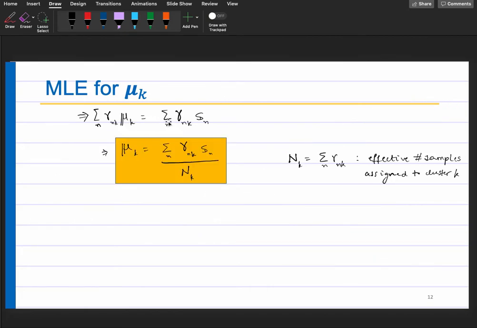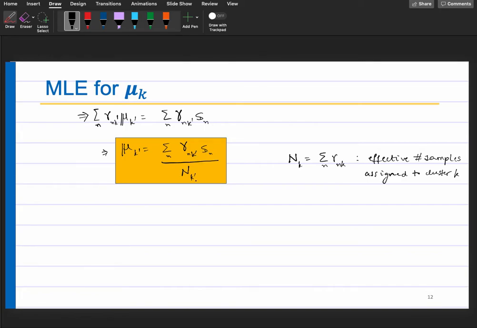When I split the terms, it becomes this. So simply mu k, or you can call it mu k dash. The dashes are everywhere. So my mu k dash is simply the summation over all n of gamma nk dash Sn upon Nk dash.